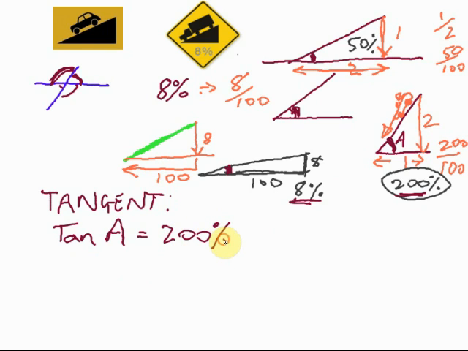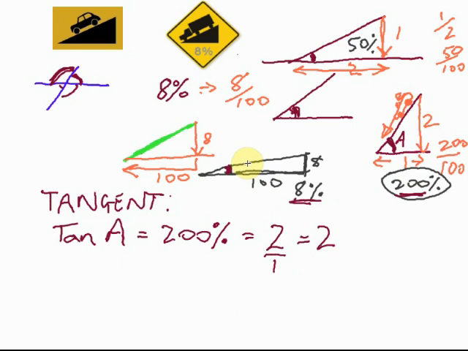200%. And another way of writing 200% is 2 over 1. 2 divided by 1. And 2 divided by 1, how many 1s go into 2? Well, 2 do. So that's another way of saying that's 200 divided by 100, and that's simply 2. So the tangent of this angle is just the drop by the number of units along. Tan of A is 2.